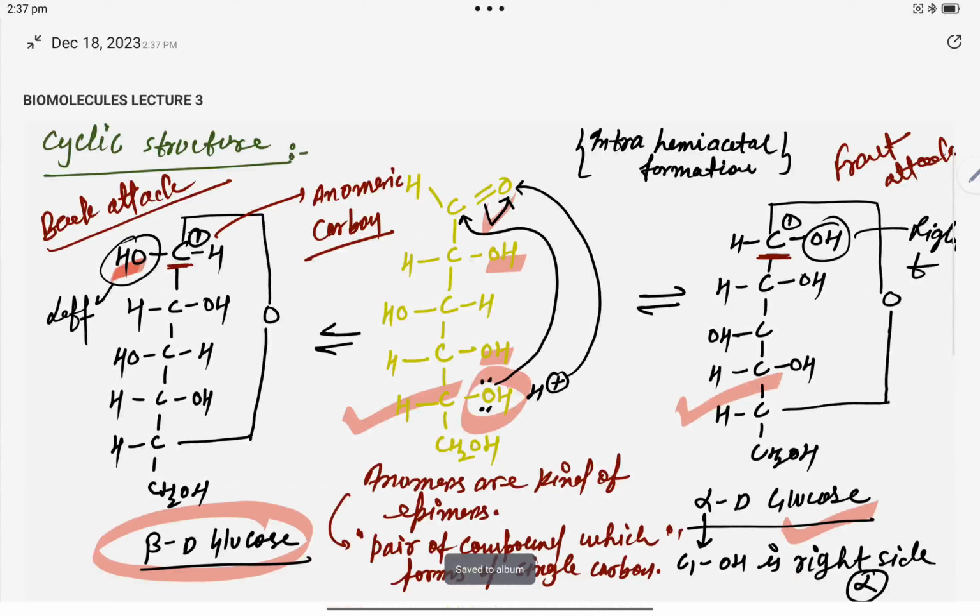That is why I am saying this. We are using the second last OH group. So check the cyclic structure of alpha D and beta D glucose. Here only we are forming.